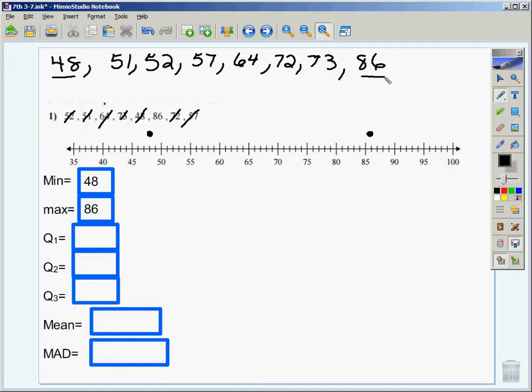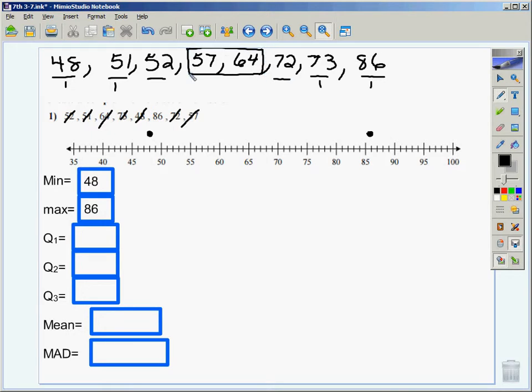What's the next point that I'm going to find in my data set to make a box and whisker plot? The median, which is Q2. It's the one that's in the middle. We work our way from the outside to the inside. If I get rid of 48 and 86, I've got to get rid of 51, 73, 52, 72.